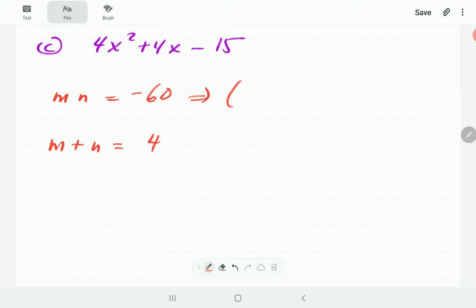So this is telling us that these two numbers will have opposite signs again. They have opposite signs, but when we add them we get a positive number. So that means the bigger one is going to be positive. So the bigger number is positive.